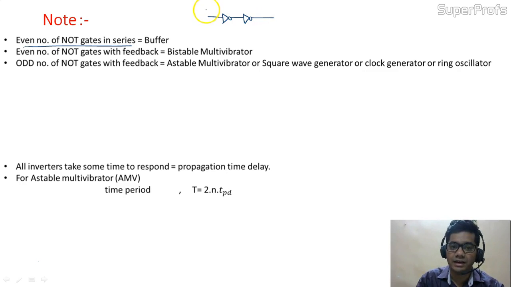If we are giving an input x here, the output would be x bar, and after this the output would be x double bar. It means x. So we can see that the input is x and the output is also x. So the even number of NOT gates is working as what? It is working as a buffer. So see, an even number of NOT gates in series is working as a buffer.